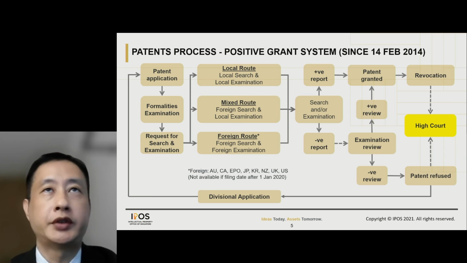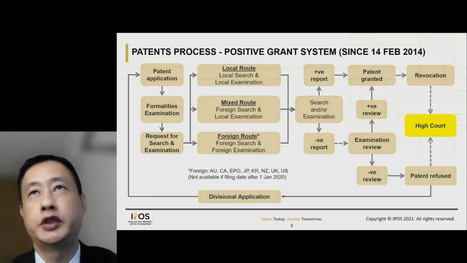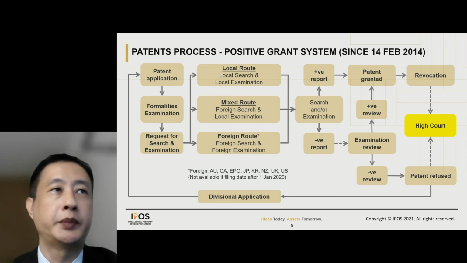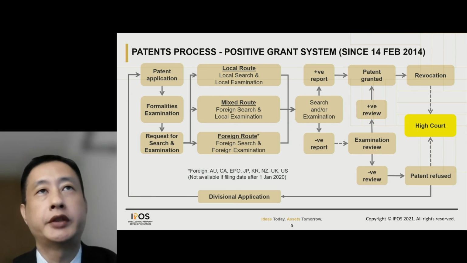The patents process in Singapore has been under the positive grant system since the 14th of February 2014. I'm now going to walk you through the process of a patent application. So starting from the top left, after a patent application is made, a formalities examination will be conducted. And then upon a request for such an examination by the applicant, the patent will go through either one of three routes. There is a local route where there is local search and local examination.